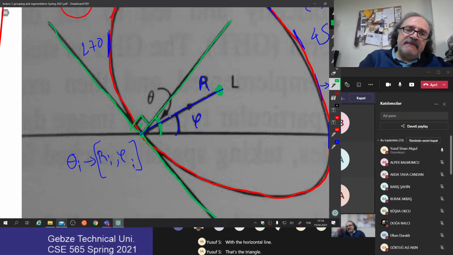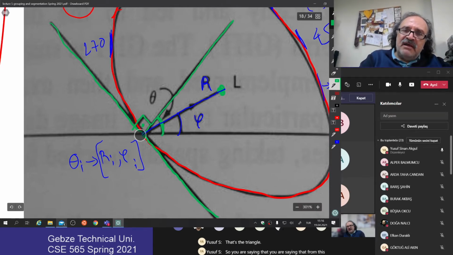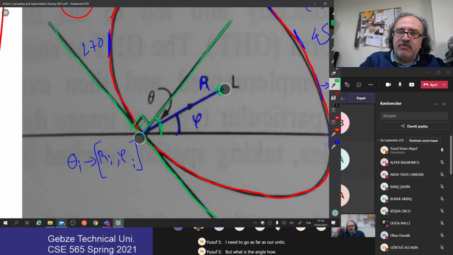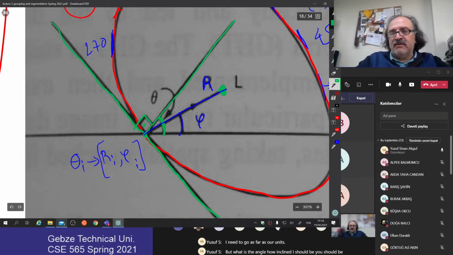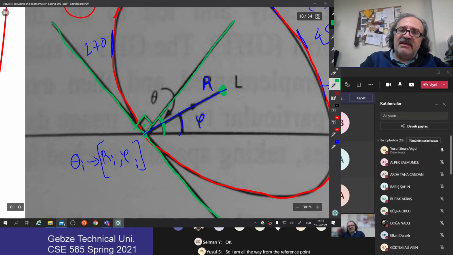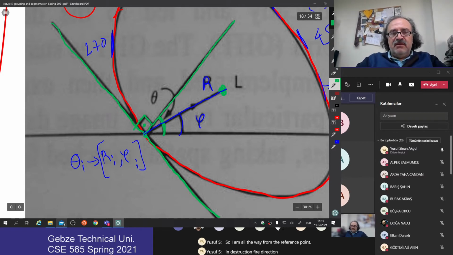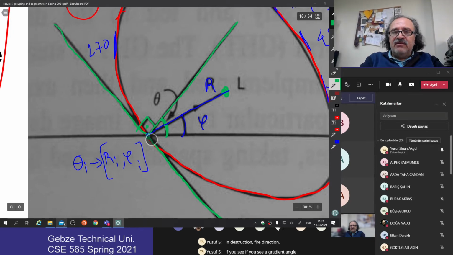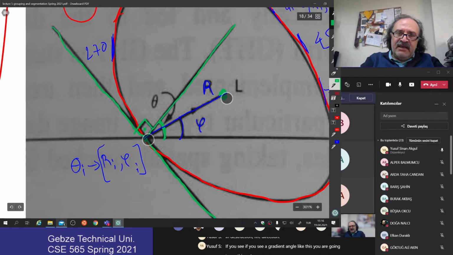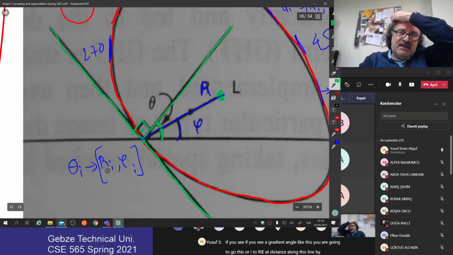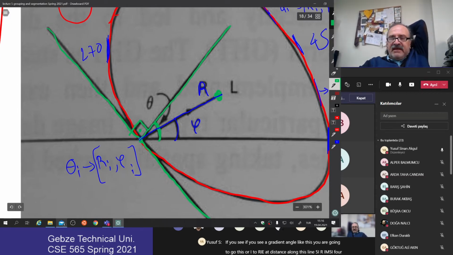So you are saying that from this point I need to go as far as r units. But what is the angle? How inclined should I be? You should be inclined with the phi angle. So I am r away from the reference point in this direction, the phi direction. If you see a gradient angle like this, you are going to go this r_i unit distance along this line: phi_i, r_i for each theta_i.